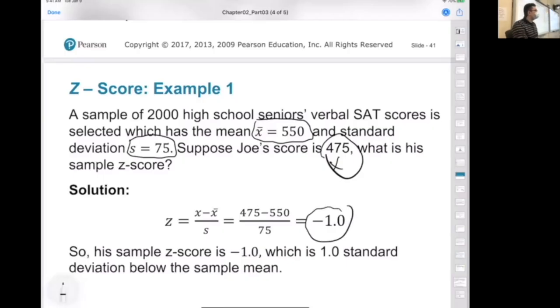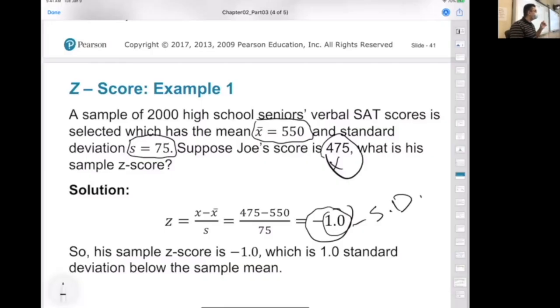-1 means Joe's score is less than the average of the class by 1 standard deviation. So 1 here, or -1 here, means 1 standard deviation. That means we calculate the distance for any value by a unit, and this unit is the standard deviation, like centimeters, like feet, like kilometers.